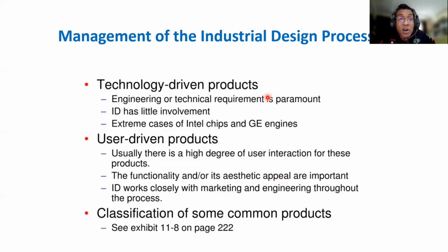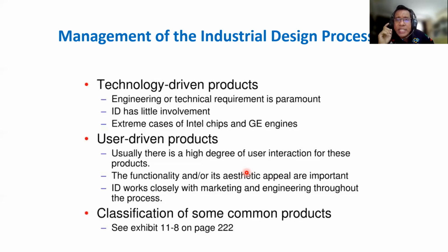For technology, it is derived from their technical requirements, but this one from their function, their functionality, because they will interact with the user. So many users will interface with this product in terms of aesthetic appeal or ergonomic appeal. So typically there is a high degree of user interaction with their product.